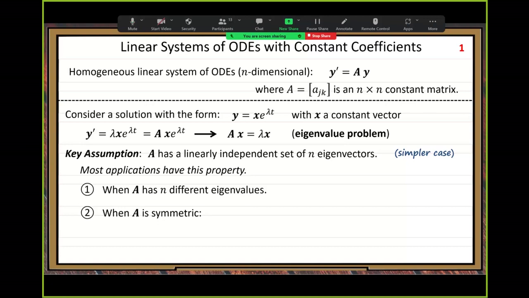Let me write the meaning of symmetric matrix, using a 3 by 3. Oops, the battery runs out.